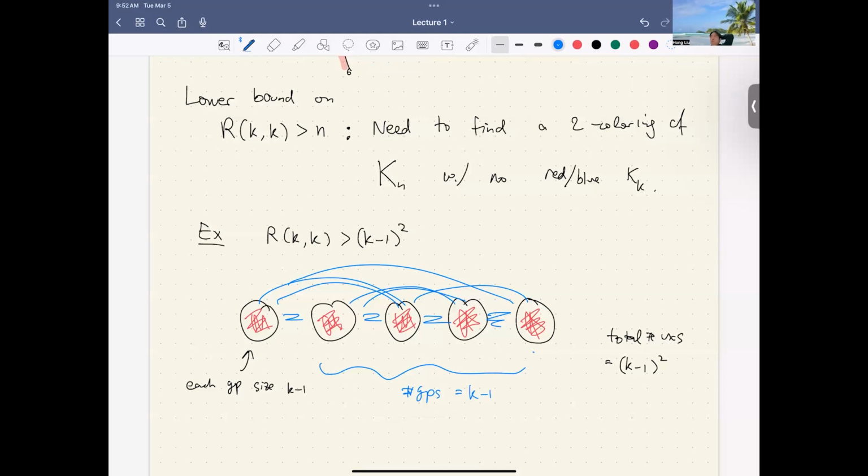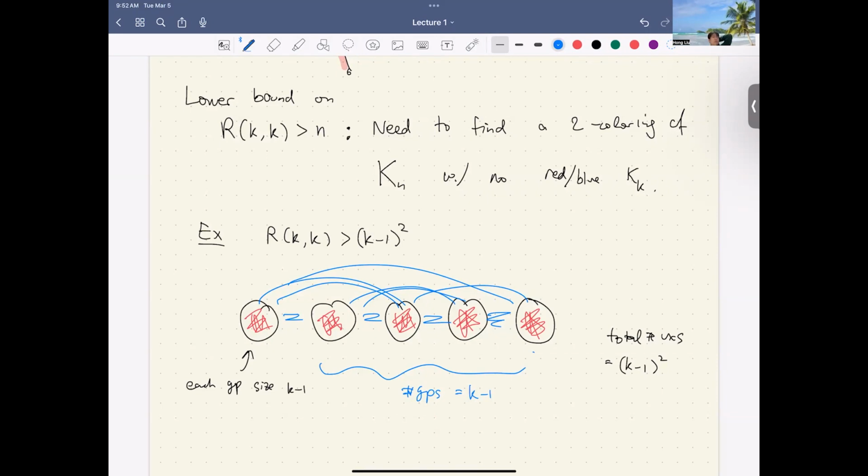The question is, can we do better? It's actually a major open problem, a major research direction, to find explicit constructions. This is very explicit. I tell you exactly how the coloring looks like, a lower bound construction for diagonal Ramsey. So far, no exponential bound in K is known for an explicit construction.